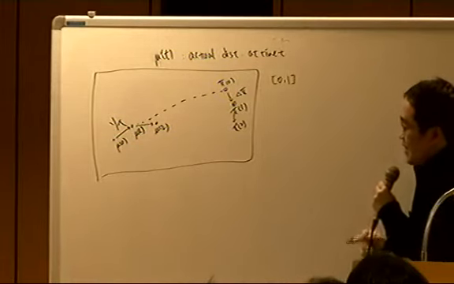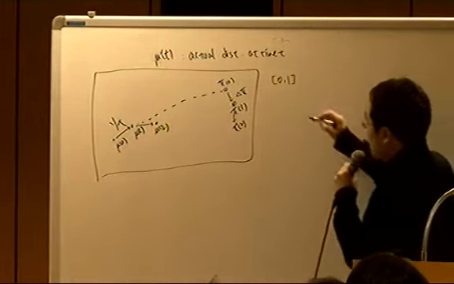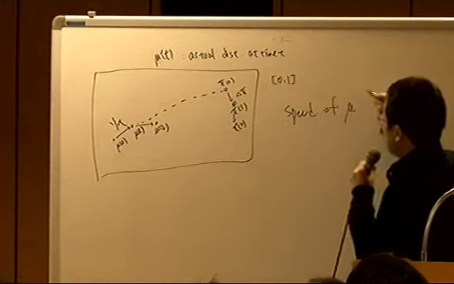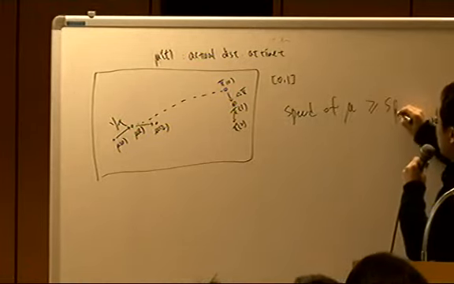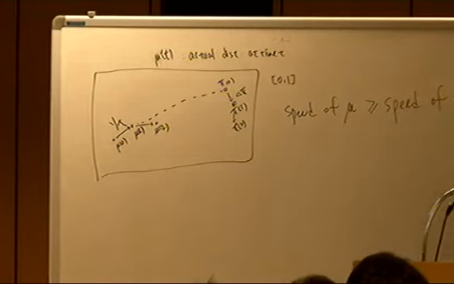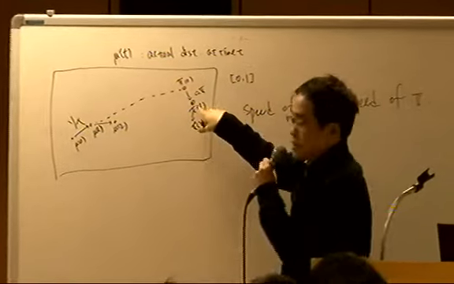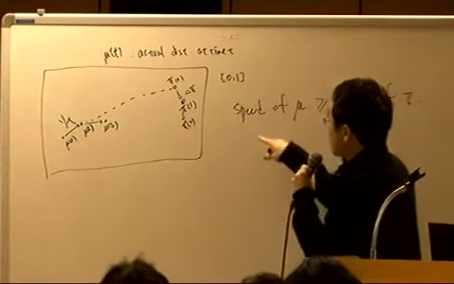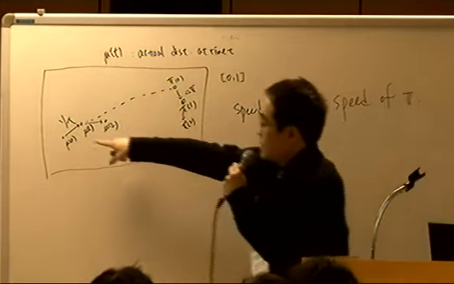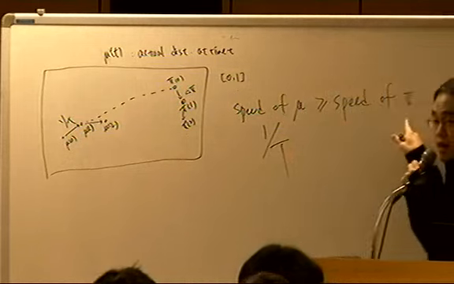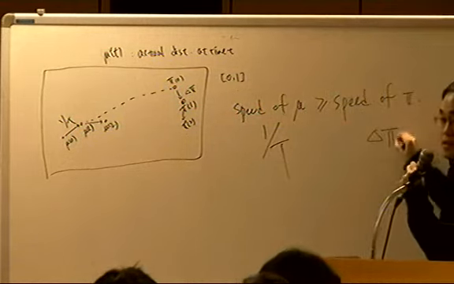This gives some naive intuition, which says that if the speed of mu is greater than the speed of pi, eventually mu catches up with pi and they move together. So the speed of mu is, as I said, 1 over t. The speed of pi is delta pi.